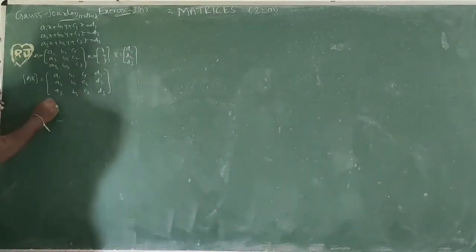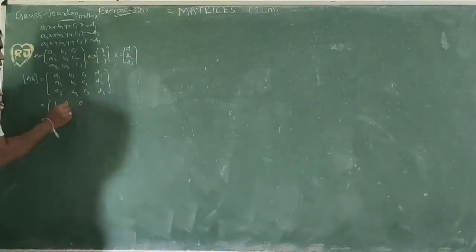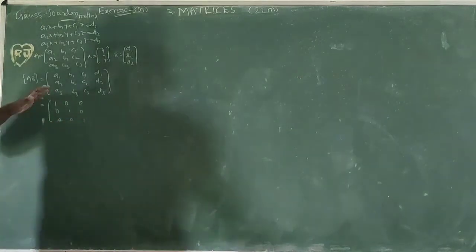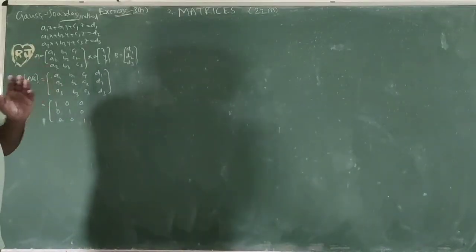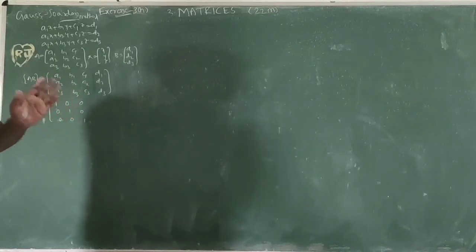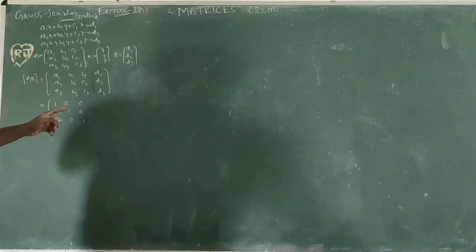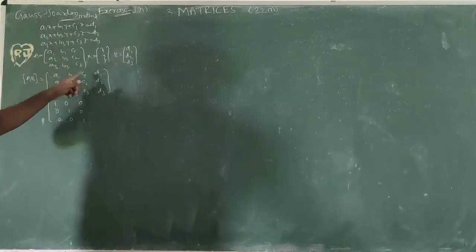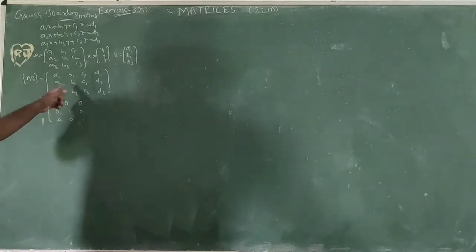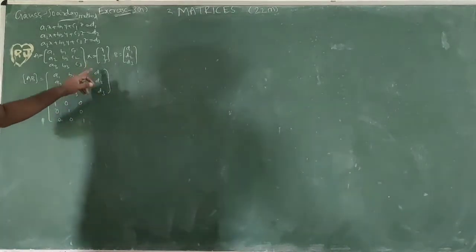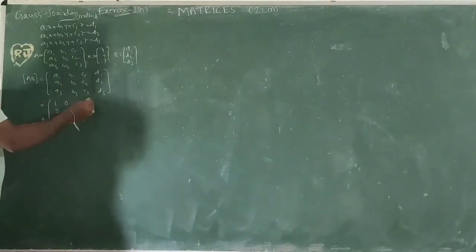If we are converting into the identity matrix 1 0 0, 0 1 0, 0 0 1 by using elementary row operations, we use only row operations. On a system of equations, we apply only row operations; we don't use column operations. When the coefficient matrix is converted into the identity matrix, automatically the constants will change to some values.